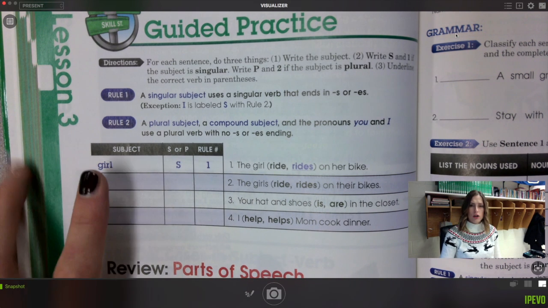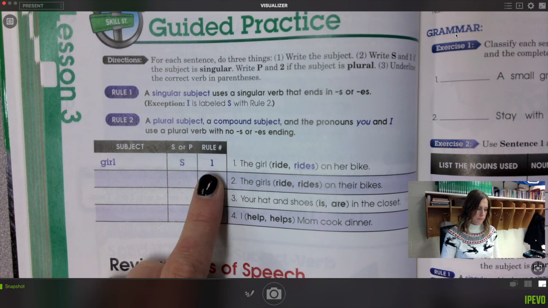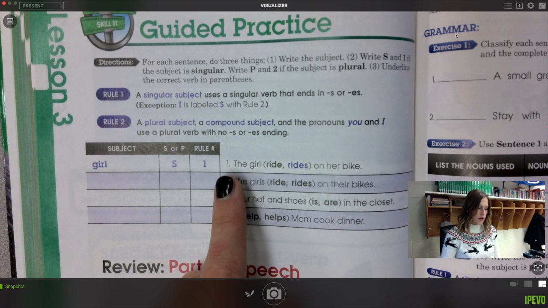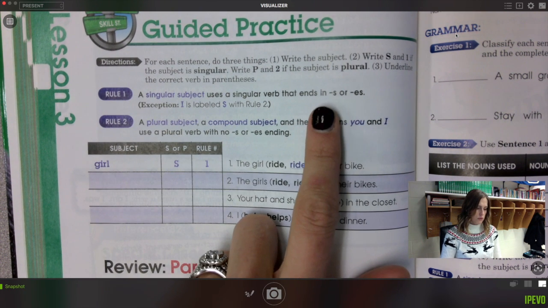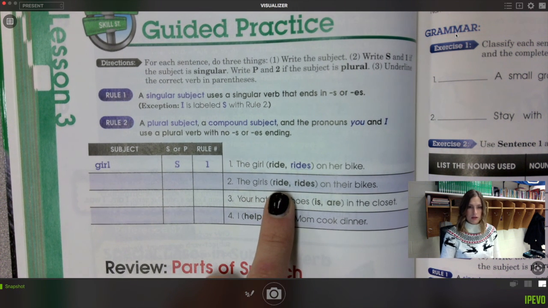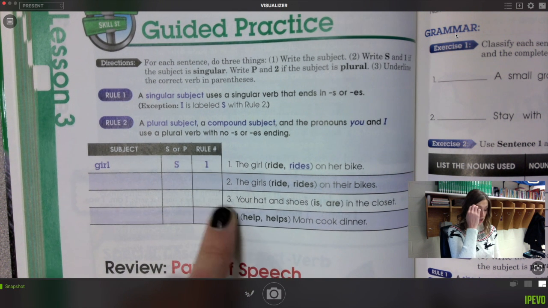Here we have girl. Girl is singular, so we use rule 1. The girl rides on her bike. Rule 1 means it does have an S on that verb. Okay? The girls ride on their bikes. So that would be plural with rule 2. Your hat and shoes.